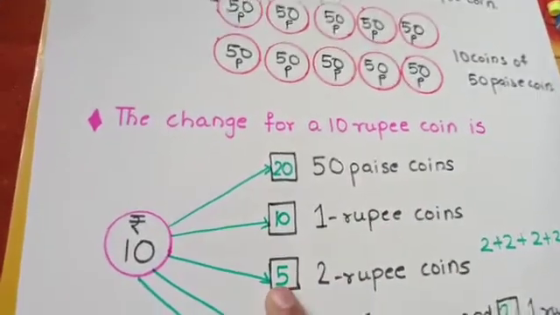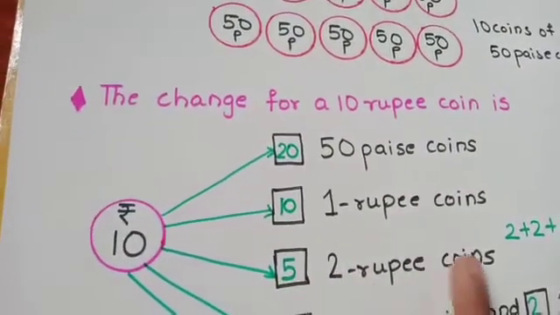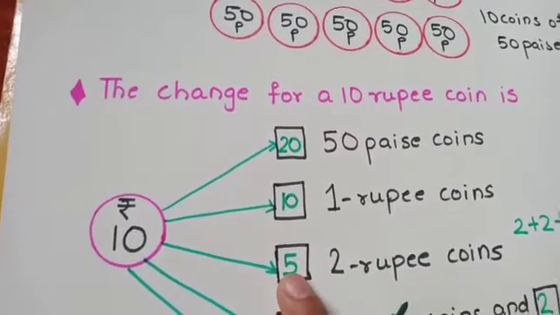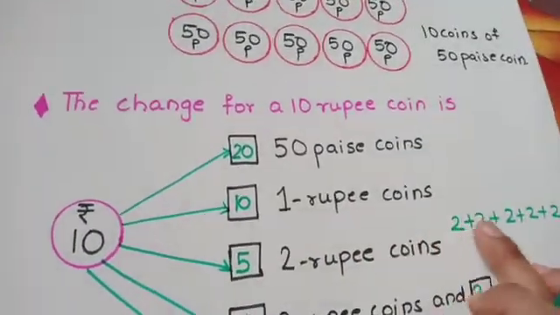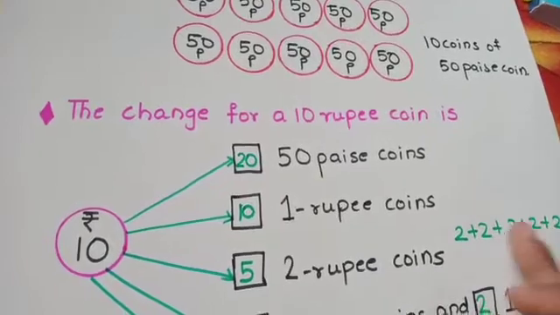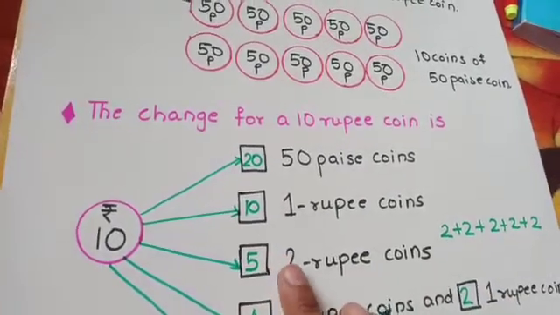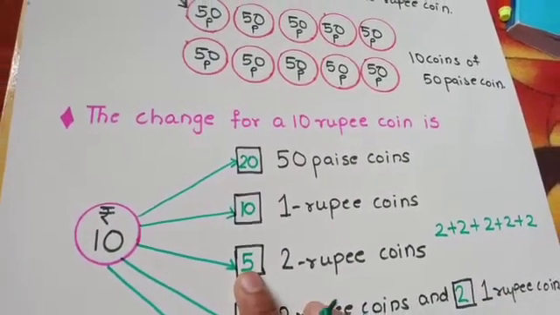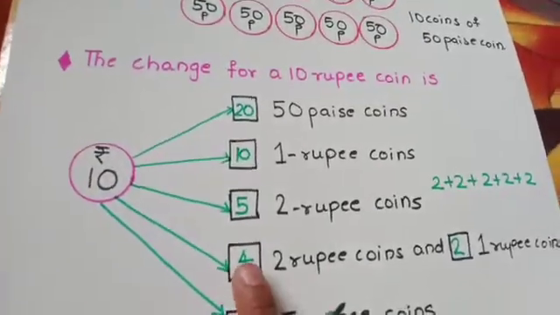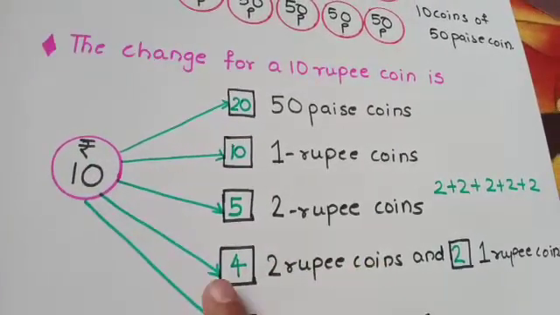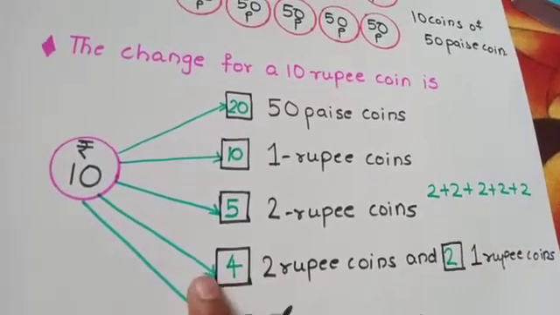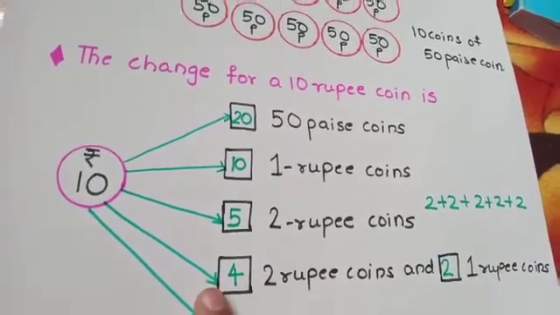Or else we can give 2 rupee coins, how many can we give? 5. See, 2 plus 2 plus 2 plus 2 plus 2 is equal to 10. Therefore, 2 rupee coins, 5. Or else 2 rupee coins and 1 rupee coins, how many can we give? It depends on us.